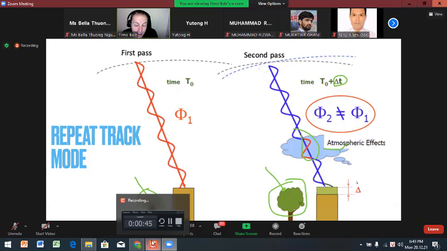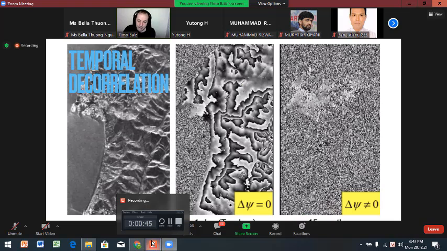But what we're interested in with differential interferometry is actually this difference in position, this motion, this deformation. That's what we are looking at with differential InSAR. Now, the temporal decorrelation is the main problem that we are facing here.